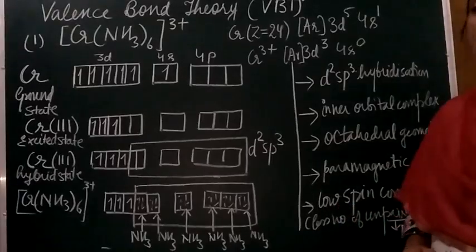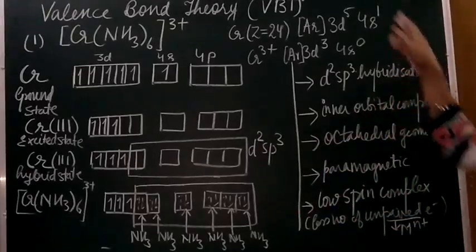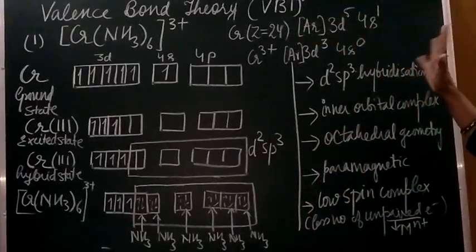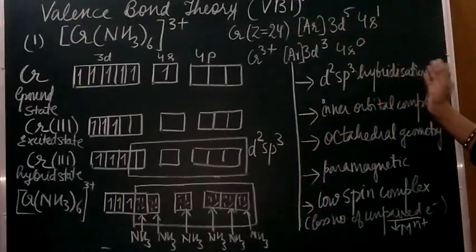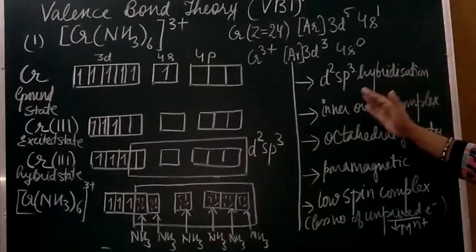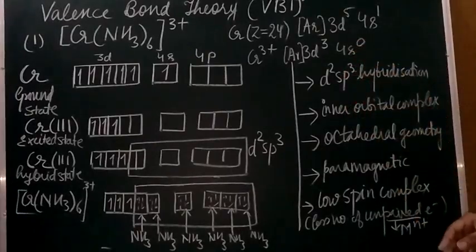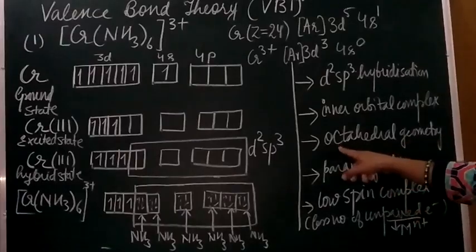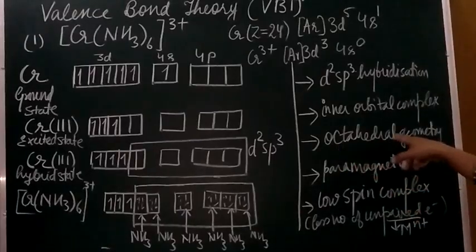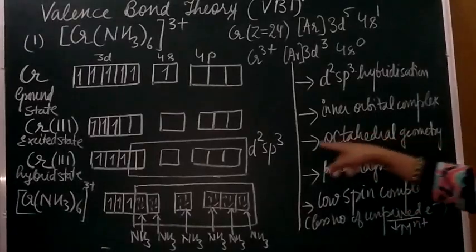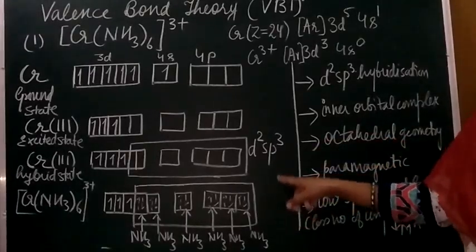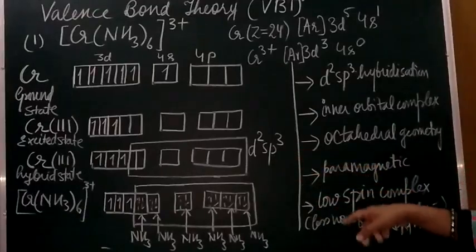Now students, these are the characteristics of this complex, [Cr(NH3)6]3+. It will undergo d2sp3 hybridization. It forms an inner orbital complex, as the orbitals involved are (n minus 1)d. It forms an octahedral complex, or shows octahedral geometry, because the coordination number here is 6 and the hybridization shown is d2sp3.